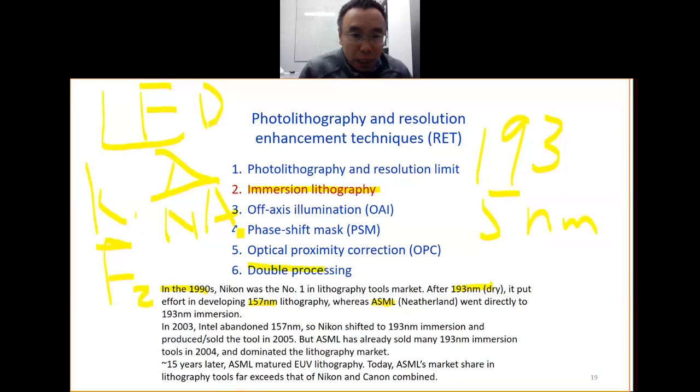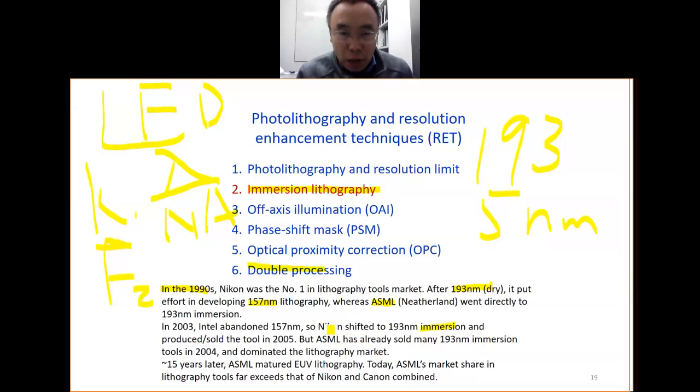In the end, in 2003, Intel abandoned the 157 nanometer route. As a result, Nikon had to abandon 157 nanometer as well, and it shifted to 193 nanometer immersion lithography. But because ASML started immersion lithography earlier, by 2004 it had already dominated the lithography market.